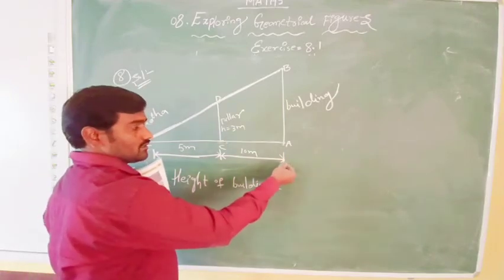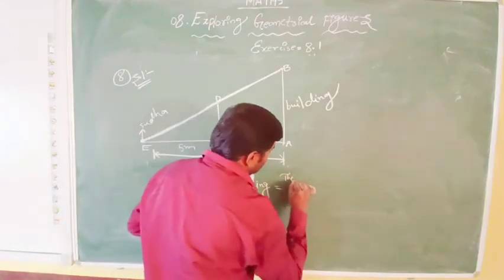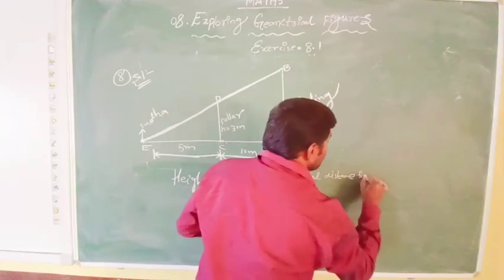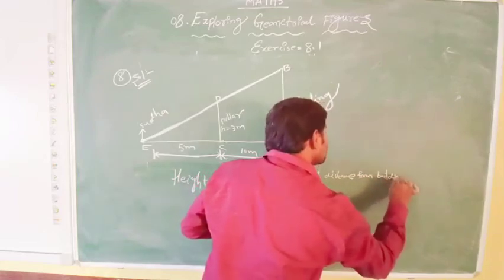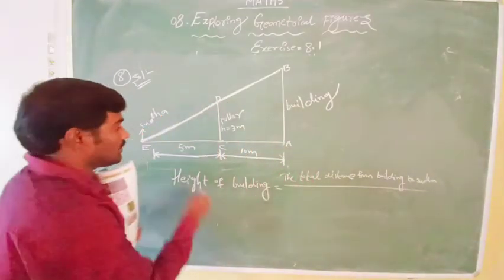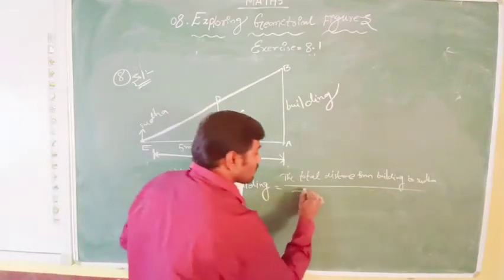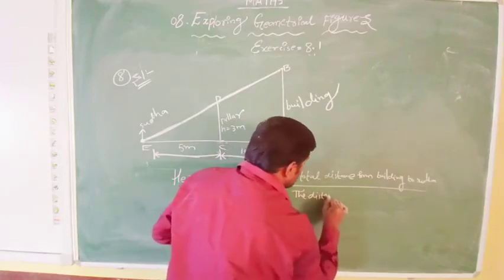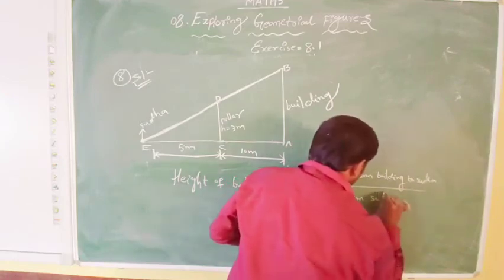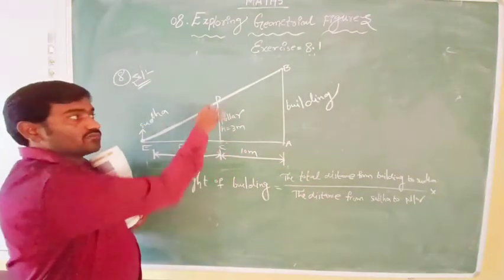The total distance from the building to Sudha, divided by the distance from Sudha to the pillar, into the height of the object, nothing but the height of the pillar.